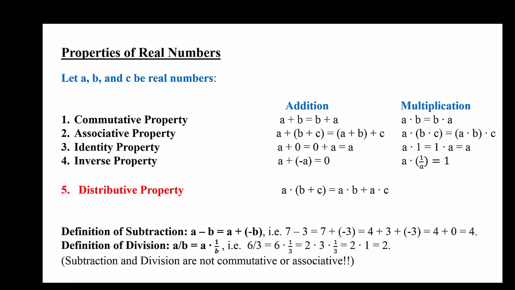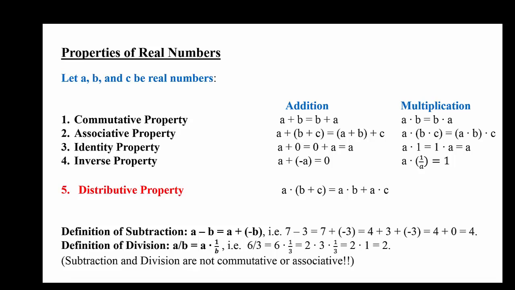And then the positive 3 and the negative 3 cancel out, so we're left with 4 plus 0, which is 4. The 3 plus the negation of 3, we know from our property number 4, the inverse property for addition: I'm adding a number and its negative, I know I'll get 0, so I have 4 plus 0 is equal to 4. So I indeed get 7 minus 3 is equal to 4, which is what I expect from doing it the traditional way.